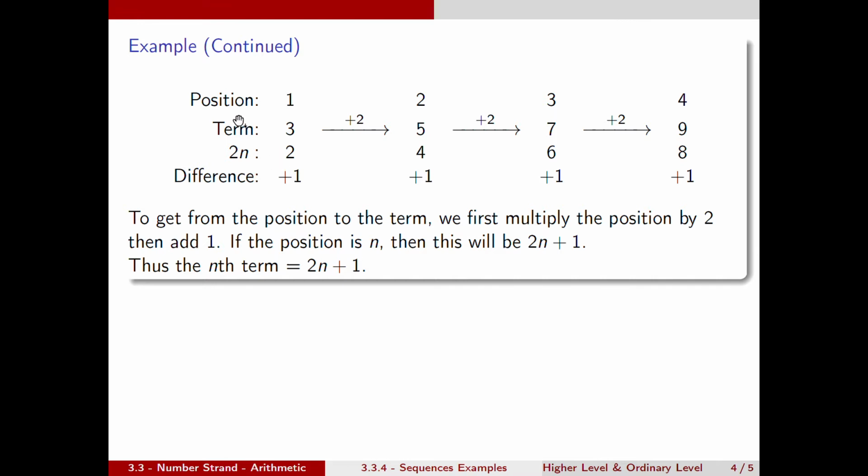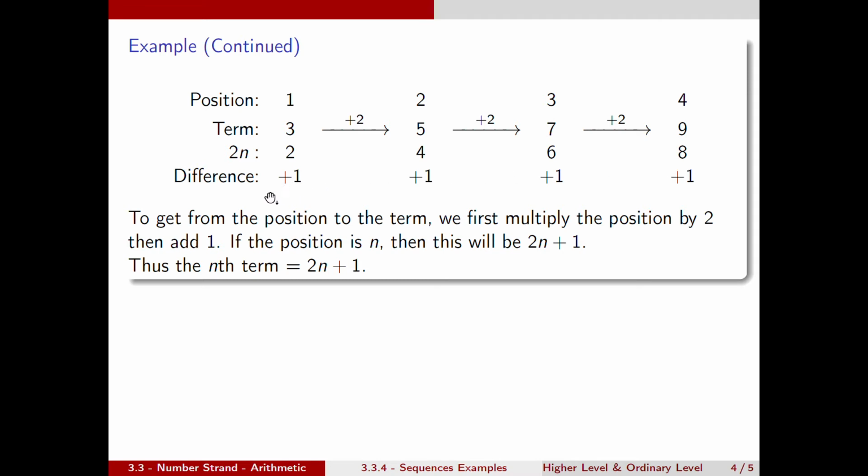Again, position 1, 2, 3, and 4. We have our example terms being 3, 5, 7, and 9, the next row down. The third row now has the terms from the sequence 2n in their positions. So position 1 of the sequence 2n has the term 2. Position 2 has the term 4. The next is 6, the next is 8.